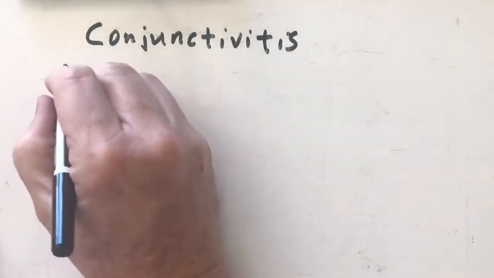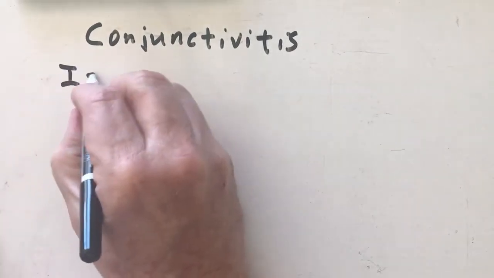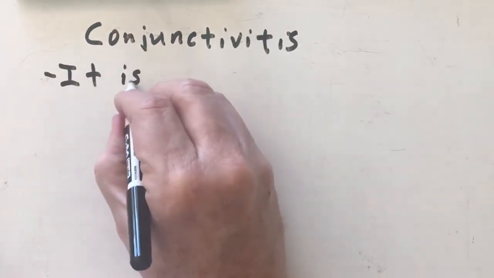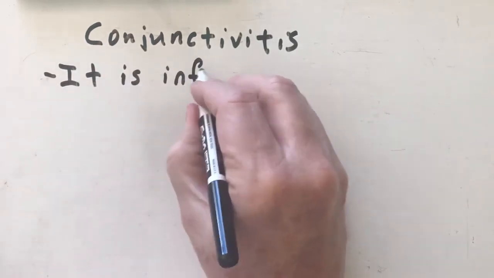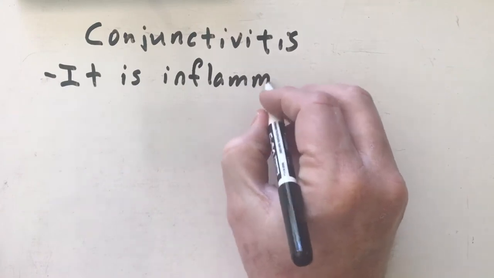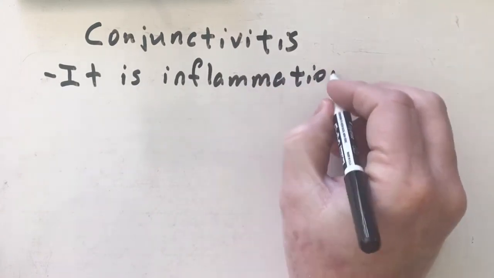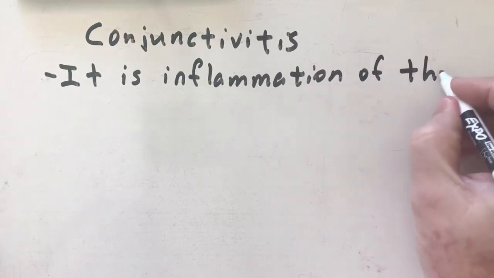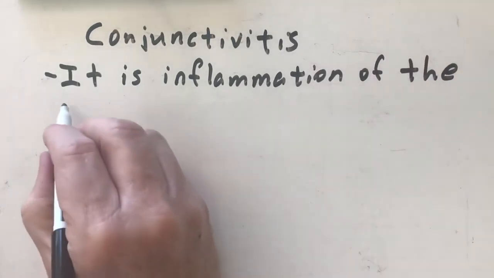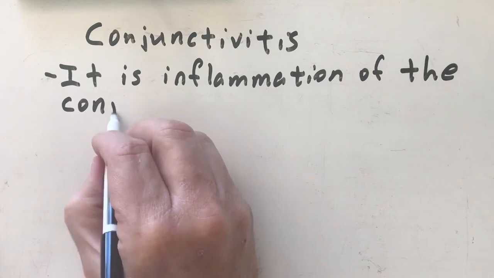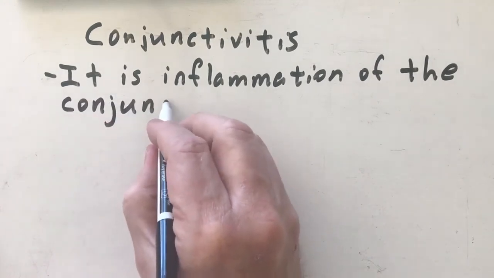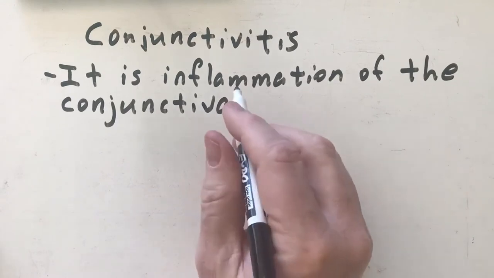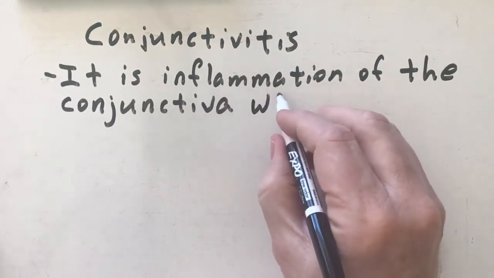So, there's all sorts of different causes of conjunctivitis. So what is it? It is inflammation of the conjunctiva. And the conjunctiva is a mucous membrane.